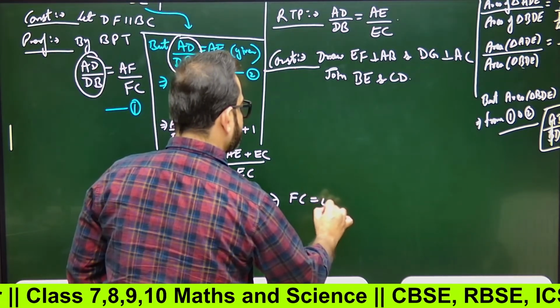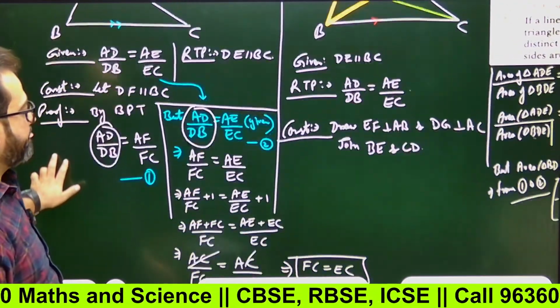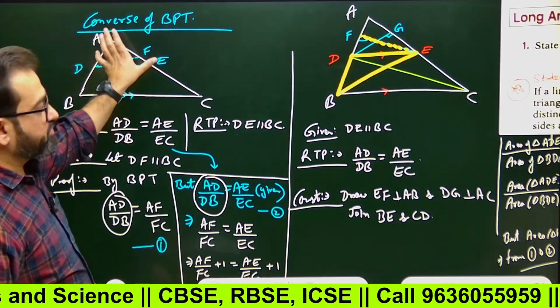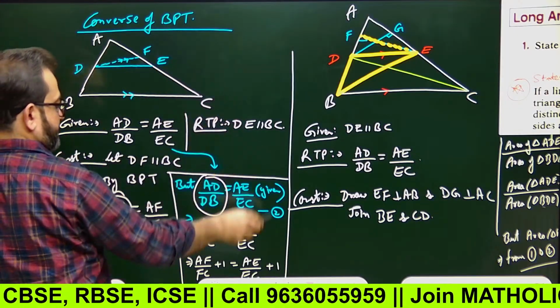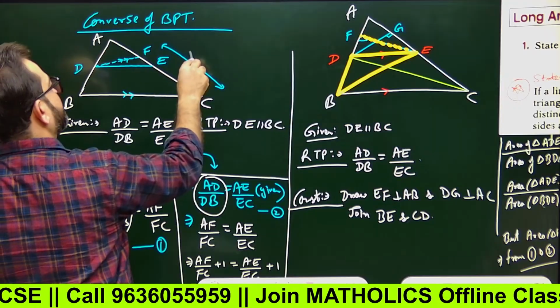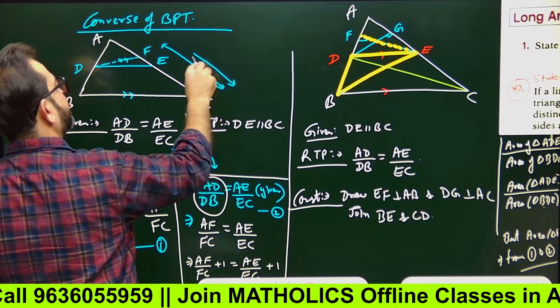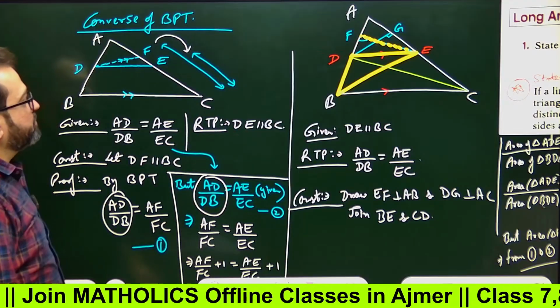FC equals to EC. How is this possible? Tell me. FC, this part, is equal to this smaller part. When? When this F will coincide with this point E. Yes or no?